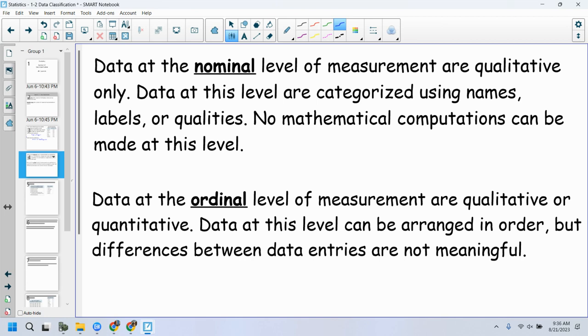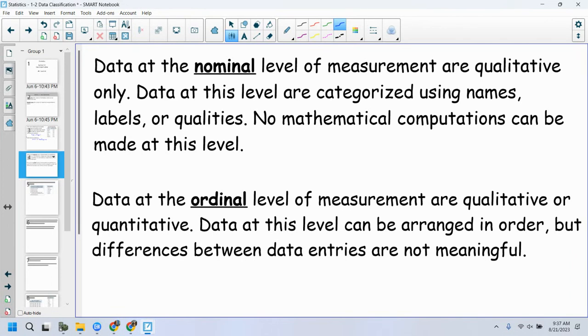Okay, rank for me your 3 favorite movies. Okay, that's ordinal now. Now that I've put some sort of order to it, that's the ordinal level. That's the difference between nominal and ordinal. Tell me your class schedule. I've put some sort of order to it, right? First period, second period, third period, and so on.